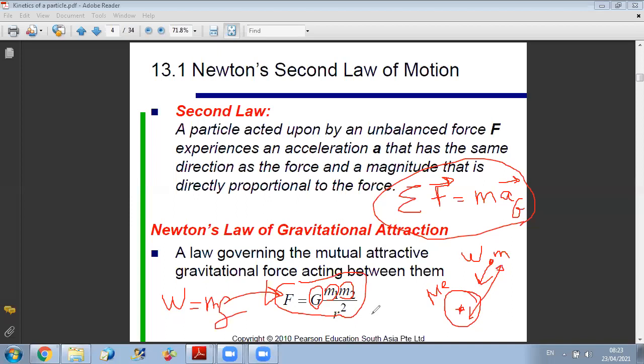So here, if I want to apply this formula between the mass and the Earth, I will get G times mass of the Earth times mass of the particle over what is r here? R is the radius of the Earth plus the altitude of the point. Okay, so I can replace r by radius Earth plus h squared.